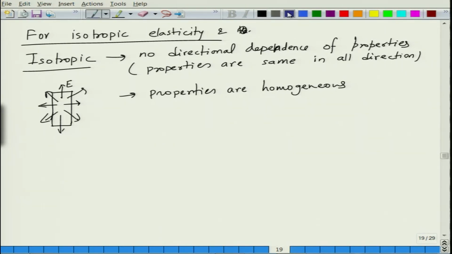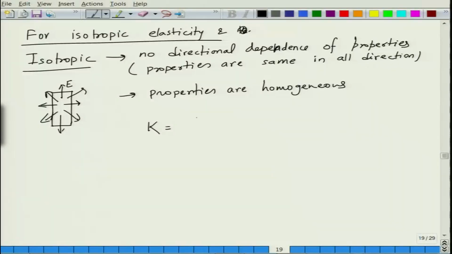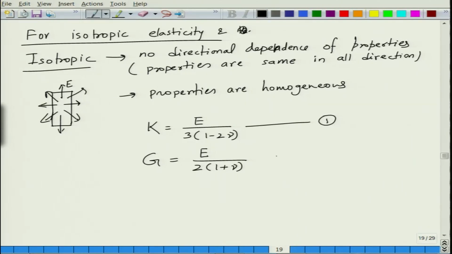In such a situation, out of these 4, if you know 2 properties, the rest can be worked out, and the relations are K is equal to E divided by 3 into 1 minus 2 nu. So, if you know Poisson's ratio and the elastic modulus, you can work out what the bulk modulus is. Then G is equal to E divided by 2 into 1 plus nu.